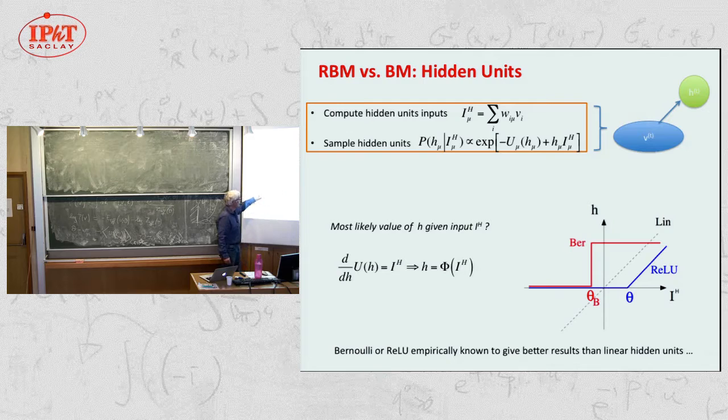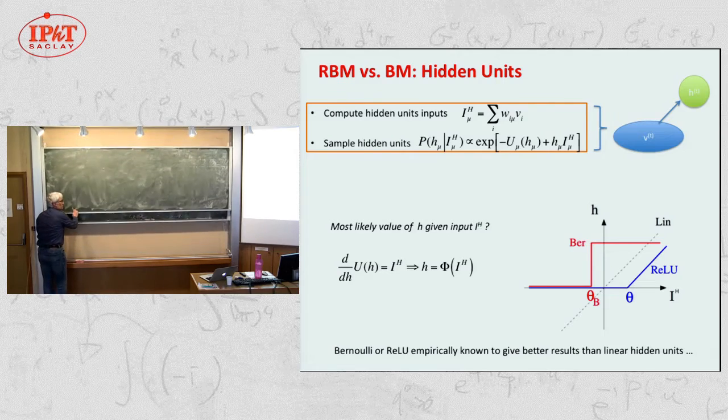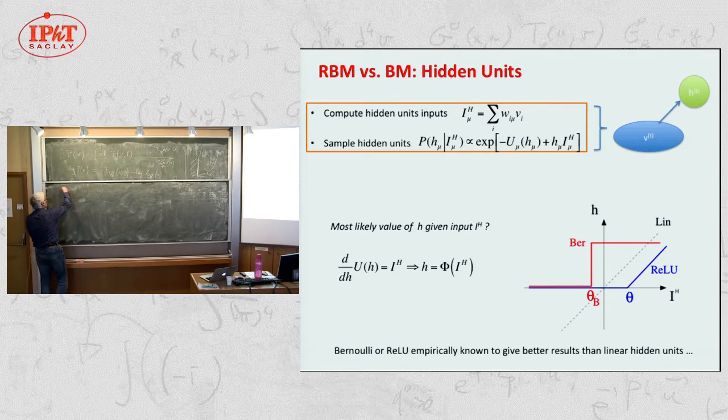That means that the derivative of u is the identity. So u of h is h squared over 2. So the linear case, linear phi, corresponds to u of h equal to h squared.